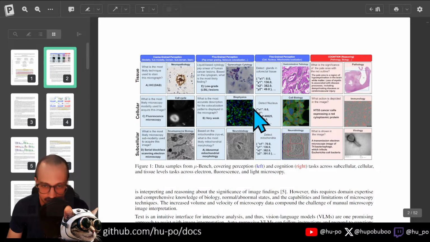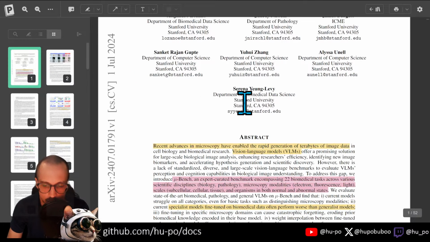But now the question is, how are we ever going to get people to label this, right? That's way too much data to label. Well, what if you don't need to label it?